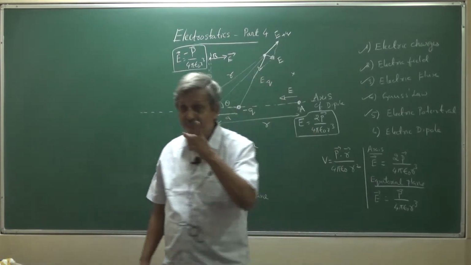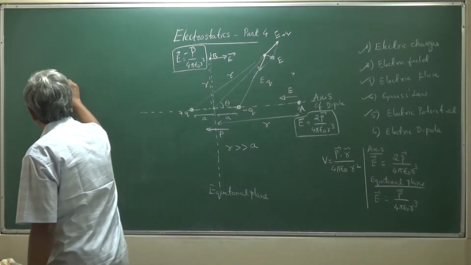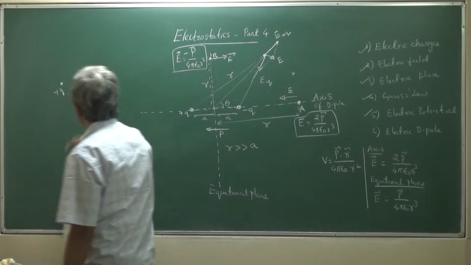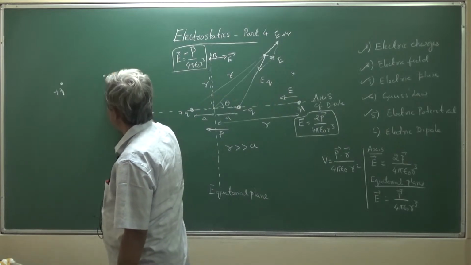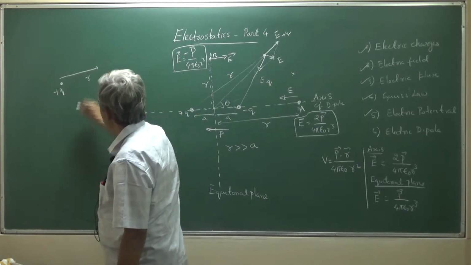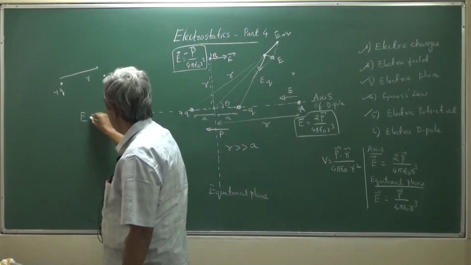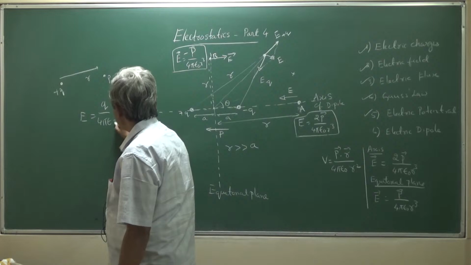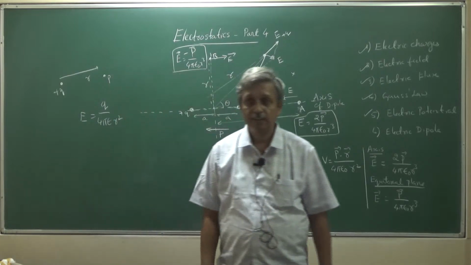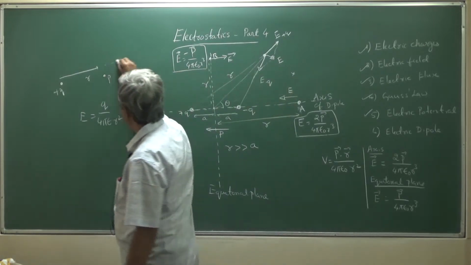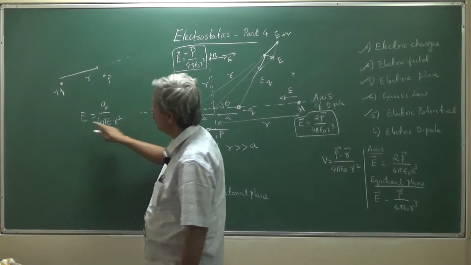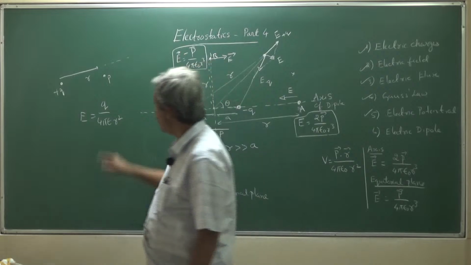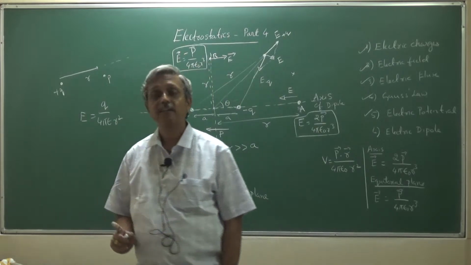We have seen that if you take a single charge, let us say plus Q is there, and you want to find the electric field at a point at distance R, electric field is equal to Q divided by 4 pi epsilon naught R square. So as you go further, R keeps increasing and electric field keeps decreasing.